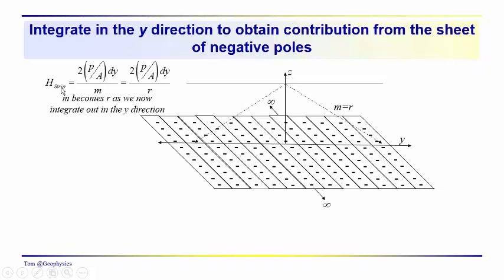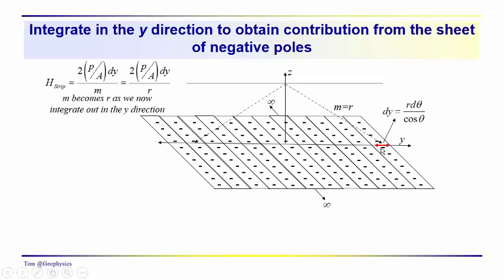So we have h for an individual strip that we just came up with was 2 times the pole strength over the area times dy over m, which is now going to be 2 times the pole strength over the area times dy over r. So now we're going to be integrating out along the y direction, the contributions from each one of these infinite strips.